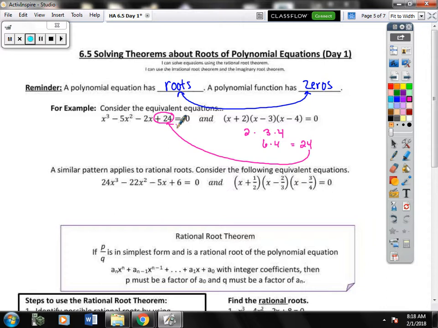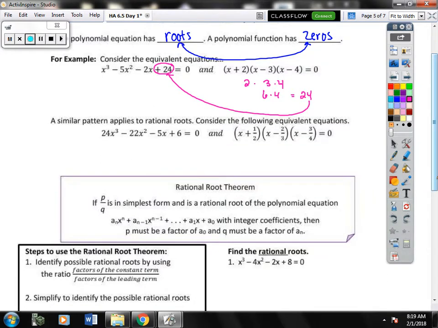Now the next one, obviously a much bigger equation. As you can see, this would not be factorable by grouping because we don't have GCFs that could really be taken out. Now the next one gets you fractional answers. So, do we notice any relationship between these fractions and any of the numbers that we notice in the given equation?